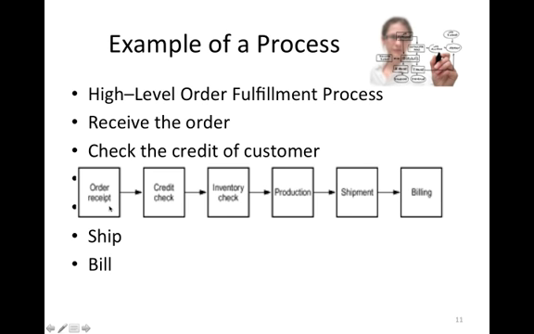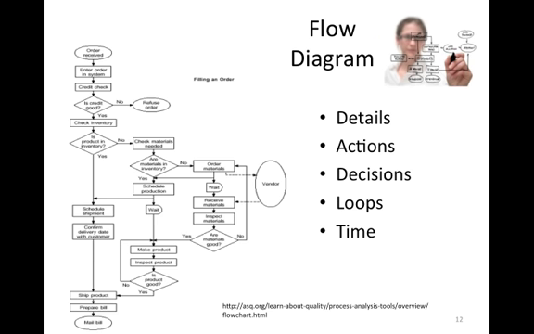The order is received, the credit is checked, the inventory is checked, the product is checked, shipment happens, billing happens. This is the very high level process. And this is an interesting way to start developing a set of process flows for a system, to start at this very high level. But this isn't necessarily sufficient.